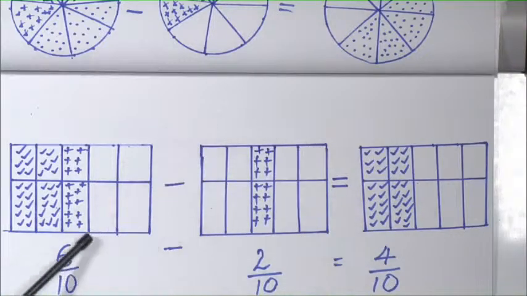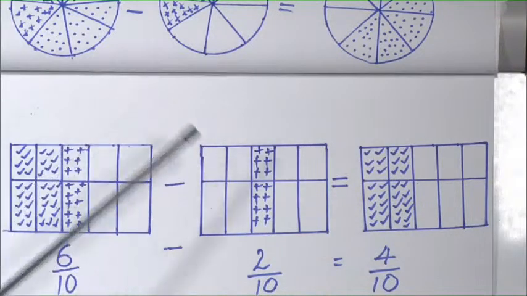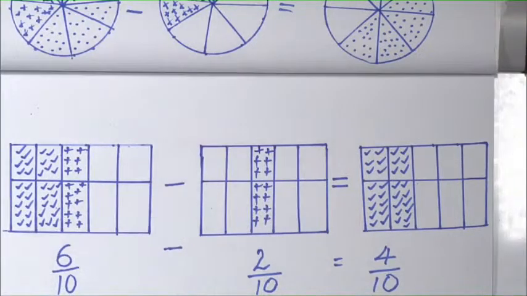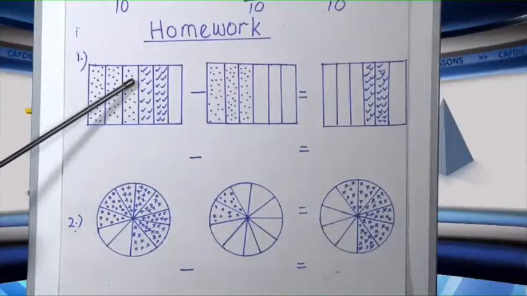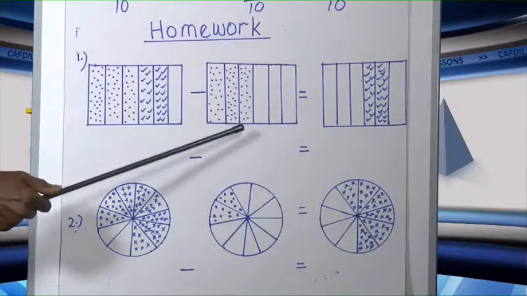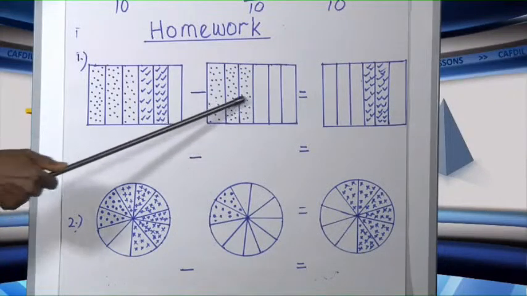So it is the number of shadings taken out divided by the 10, the number of parts that we have. So 6/10 minus 2/10 is equal to 4/10.